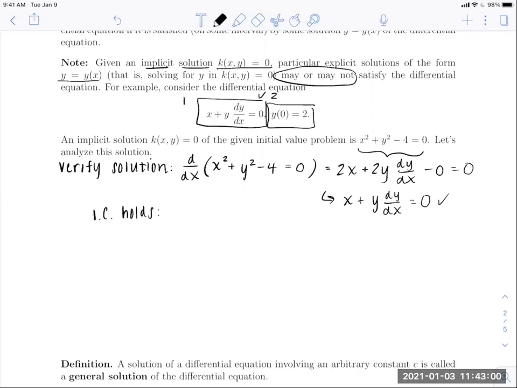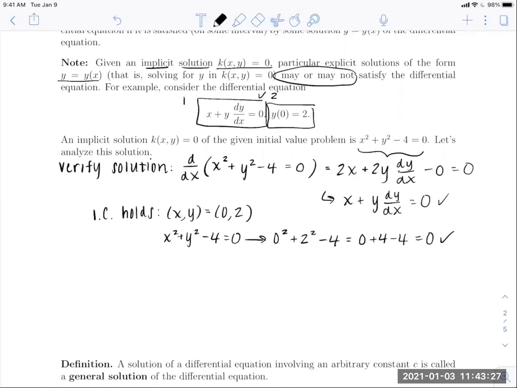So the initial condition says that the point xy equals 0, 2 lies on that solution. So let's double check. If x squared plus y squared minus 4 is 0, plugging in what we have, I have 0 squared plus 2 squared minus 4 is 0 plus 4 minus 4, which is indeed 0.